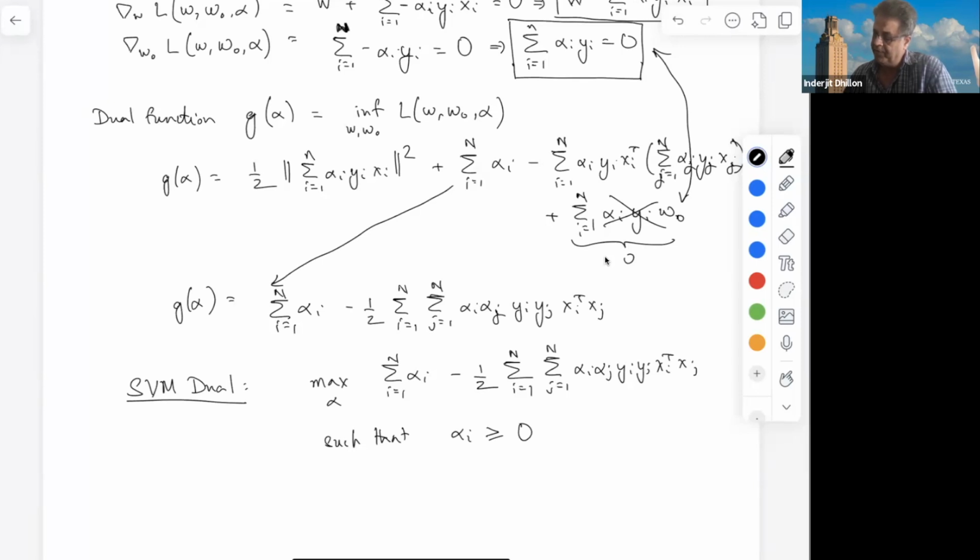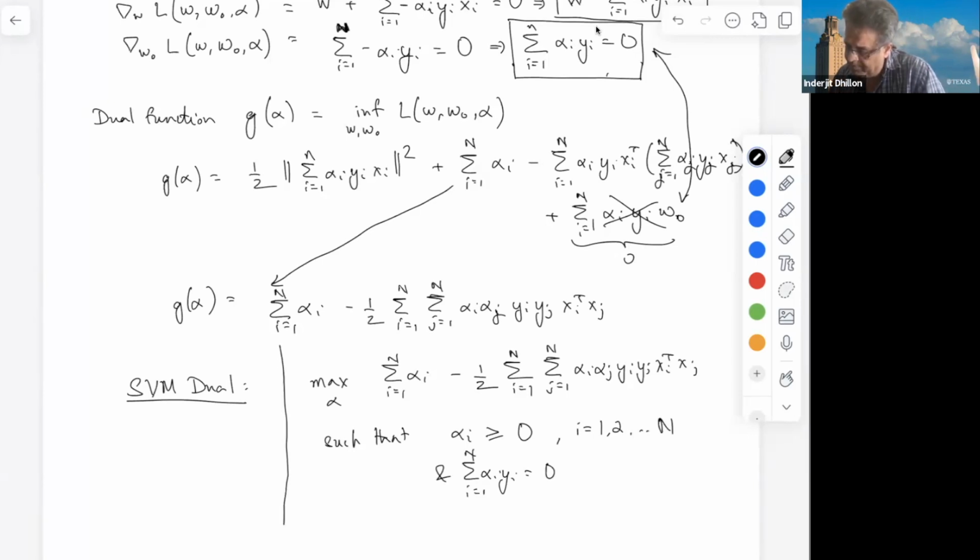Alpha I is greater than or equal to 0, I equals 1, 2 through n. And actually, it turns out that in this case, I do have one equality constraint, which comes from here, which is that summation of alpha I, yi equals 0. So this is my dual problem.